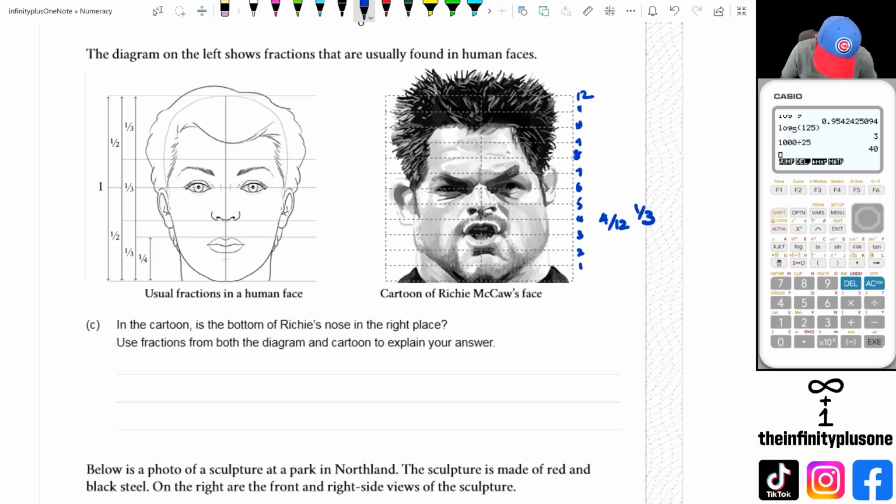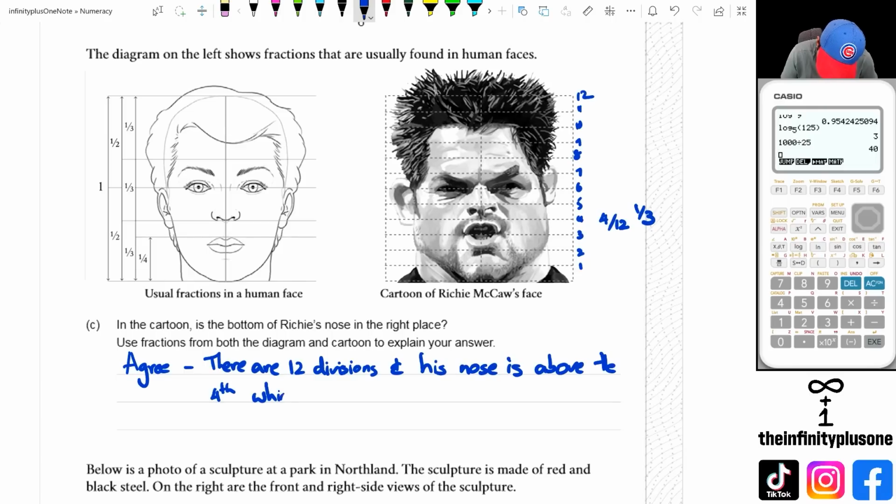So we can say agree, and the way we do it is there are 12 divisions and his nose is above the 4th, which is above 1/3. So that's one way of doing this.